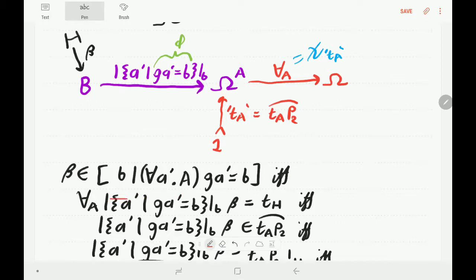just expanding it out, we have for all A, the interpretation of the set of A dash such that GA dash equals B on beta is true.